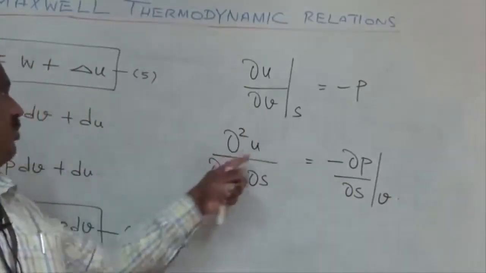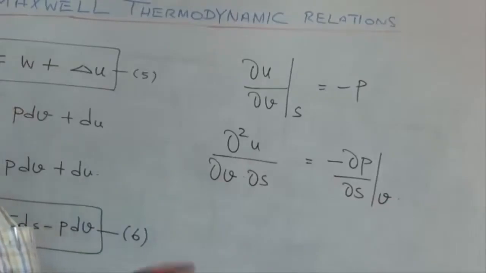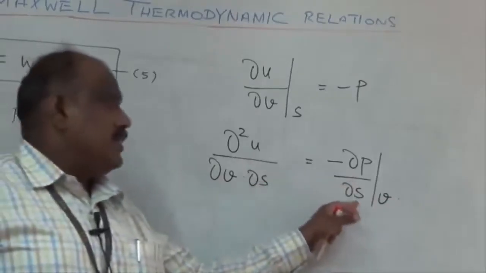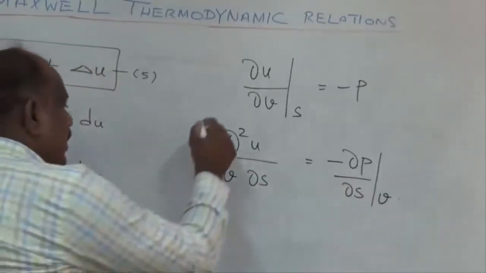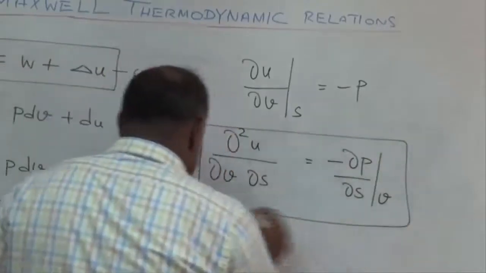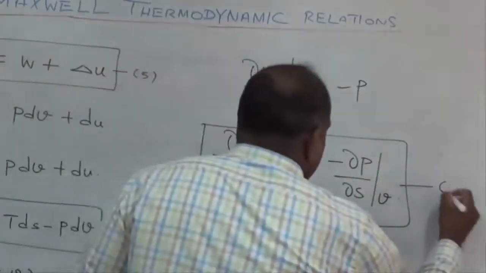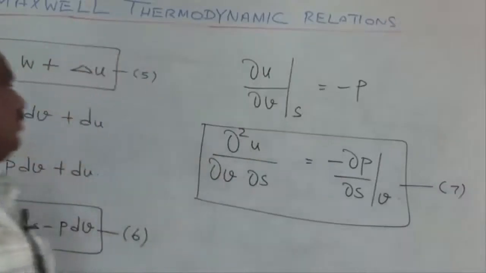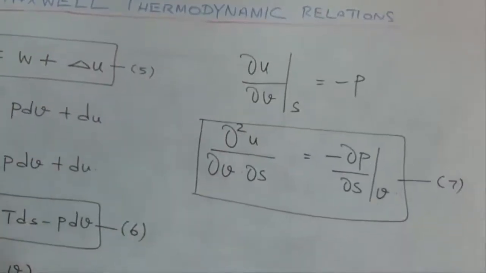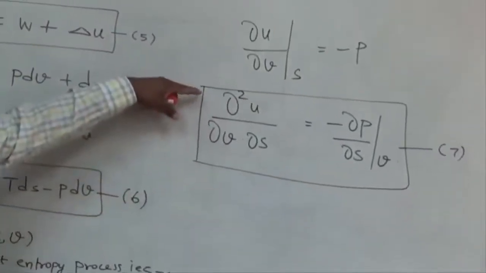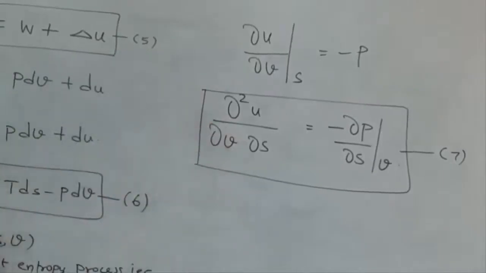So it will be ∂²U/∂V∂S equal to minus ∂P/∂S at V. Let us make this equation number 7. This is the second derivative, obtained by differentiating with respect to the entropy while maintaining the volume as constant.